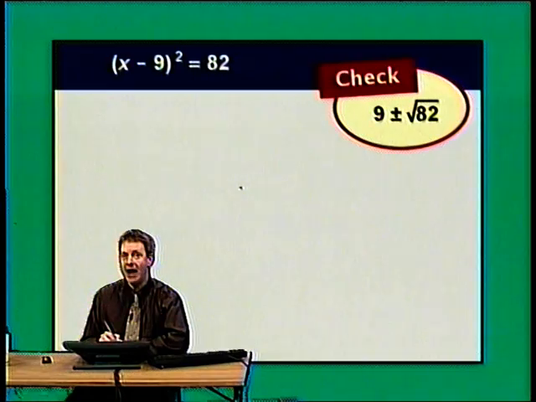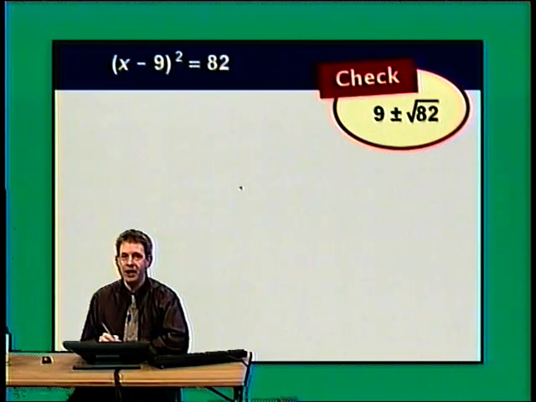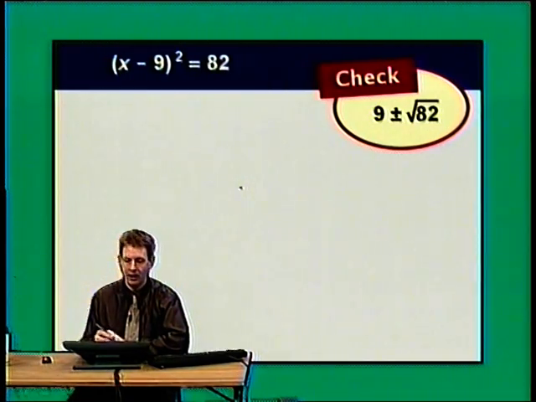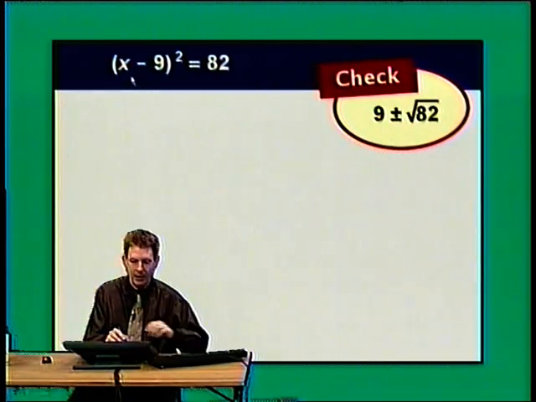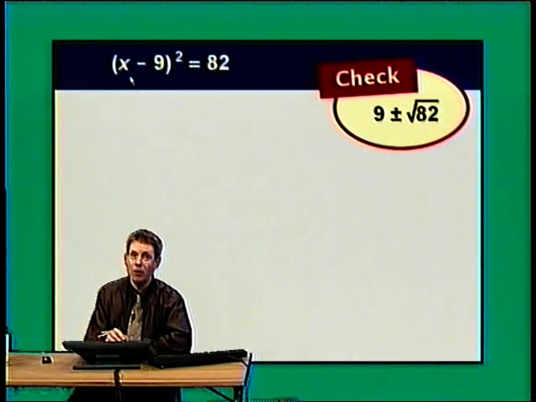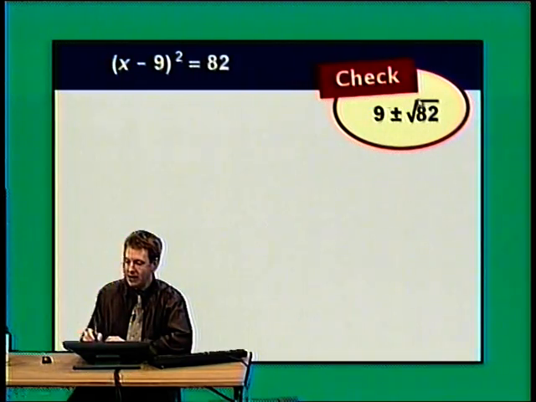But you know, we need to check. Can I do a 2-for-1 check? No way, Jose. Neither of the conditions for a 2-for-1 check are satisfied. The occurrence of the variable is not squared. It is squared after I subtract 9, but just the variable itself is not squared. Also, these two numbers are not opposite numbers.